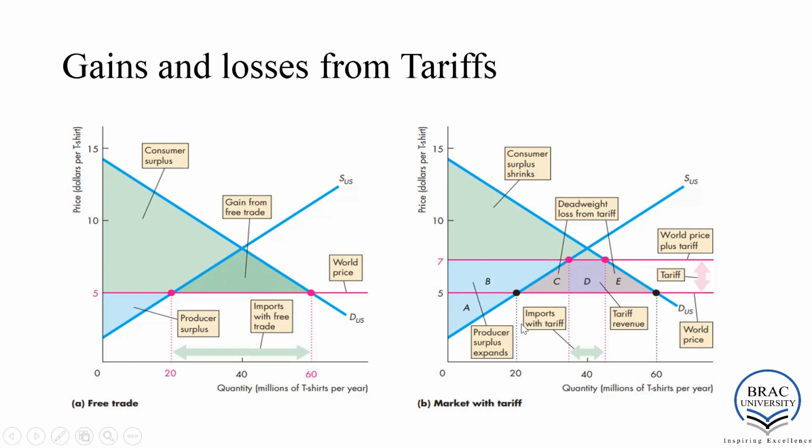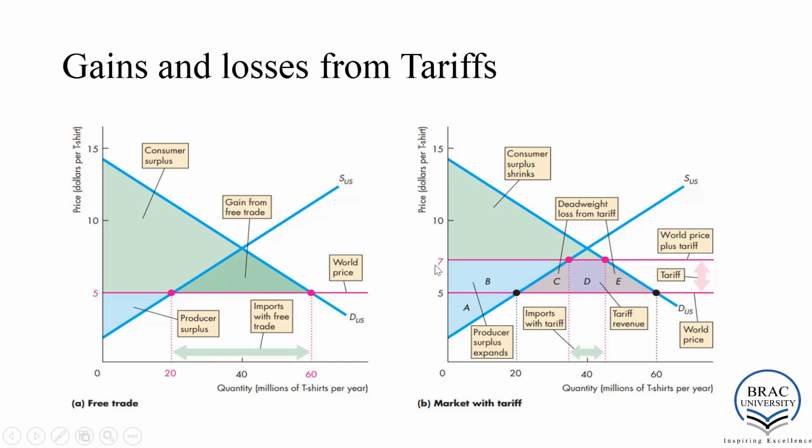Okay, and now if we move to the next graph, which is a market with tariff. In this case, a tariff of $2 per t-shirt has been imposed by the US government. So earlier the price was $5, and now with the $2 tariff, the new price is $7.